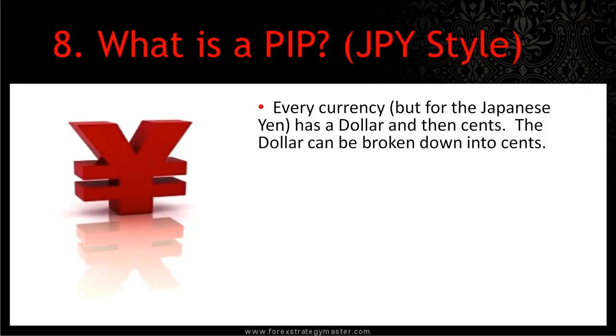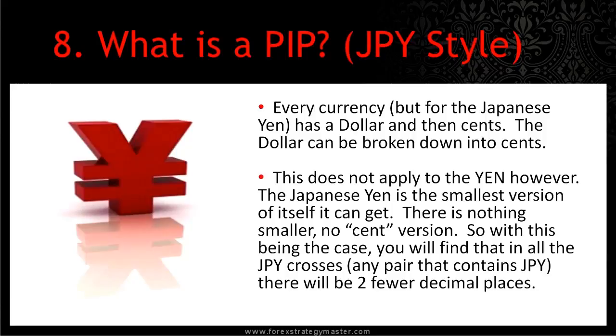Now, every currency except for the Japanese yen has a dollar and then a cents to it. Now, the dollar can be broken down into cents. This does not apply to the yen, however. The Japanese yen is the smallest version of itself as it can get. Every other currency has a dollar or something like it, and then a breakdown, generally by 100.